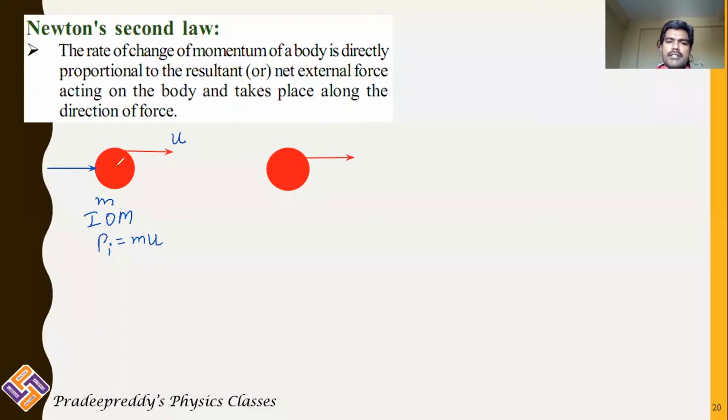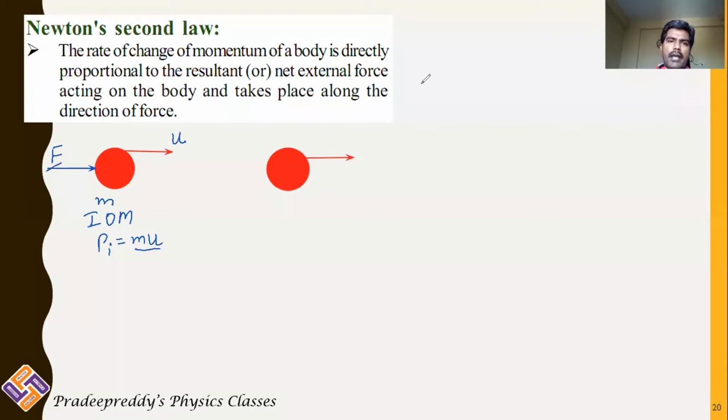We are considering a particle of mass m which is initially in motion and its initial velocity is u. So as it possesses inertia of motion, it has initial momentum mu. It is already in motion, but it is in uniform motion. Now what you are doing, you are applying some force. That means you are pushing this mass m by some force F. You are pushing it.